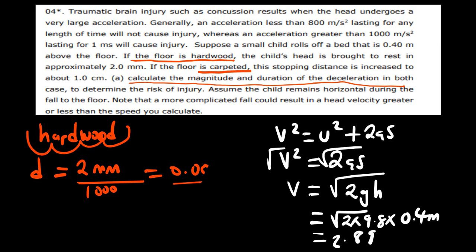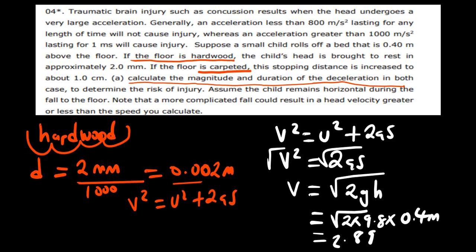Now, for hardwood the distance was 0.002 meters, just a unit conversion. How do we calculate the deceleration for hardwood? In the same formula, v squared equals u squared plus 2as, the initial velocity is 0 because the child started from rest and fell, like free fall.